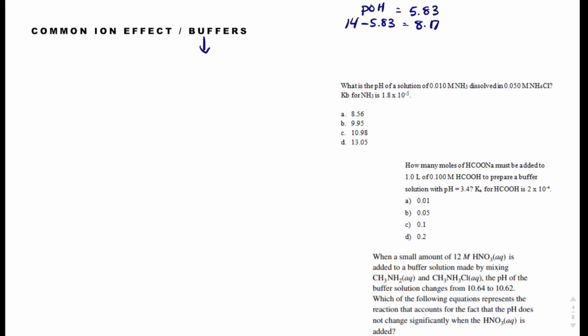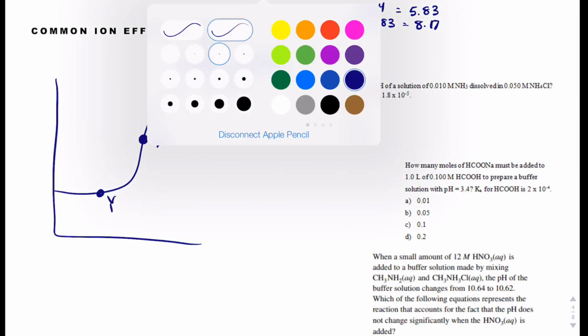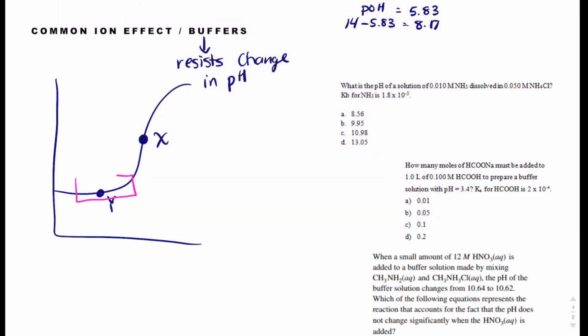Most people can tell me that a buffer resists change in pH, and I think that is very good to know. Most people can also tell me that if I give you a titration curve, the equivalence point is at X, the half equivalence point, let's call that Y, and in that range around the half equivalence point, we would call that the buffer region.